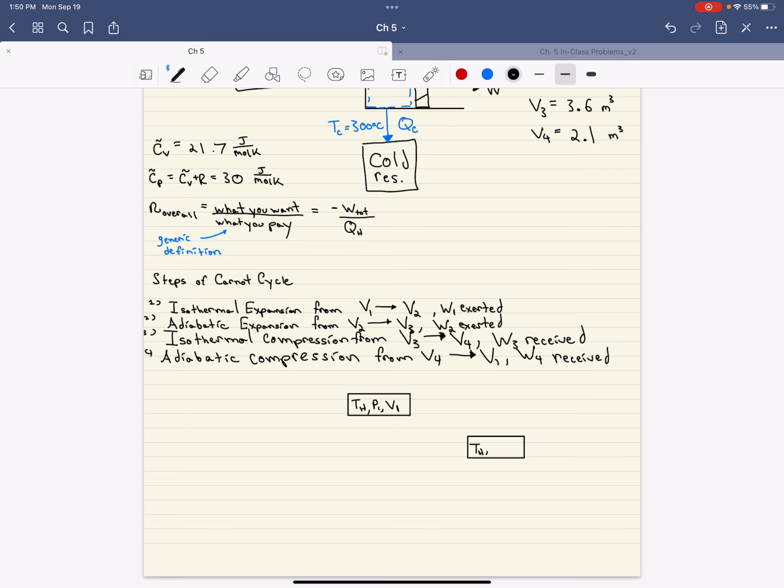So here, we're going to change temperature, pressure, and volume all at the same time. So this is now step 2. And here, the system gives out some work.